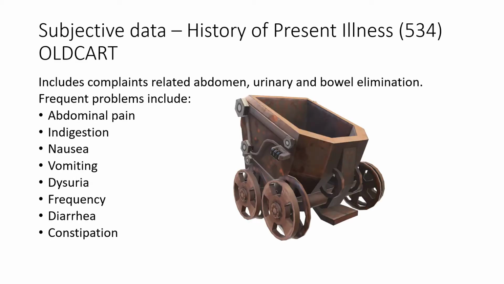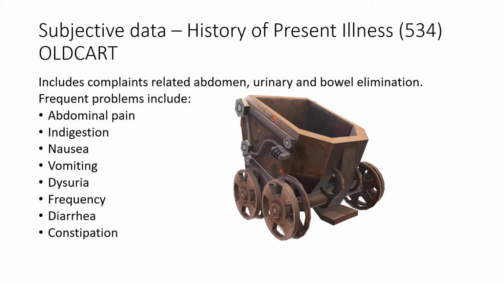So the patient's subjective history of their present illness should be addressed. The nurse should ask questions related to current abdominal, urinary, and bowel elimination symptoms, and current medications and home remedies. The nurse should also ask about associated symptoms. Remember, we talk about onset, location, duration, characteristics, accompanying manifestations, relieving and aggravating, and treatment.